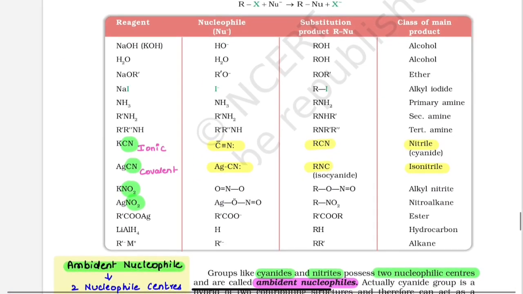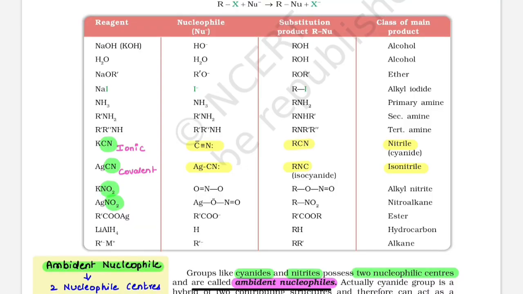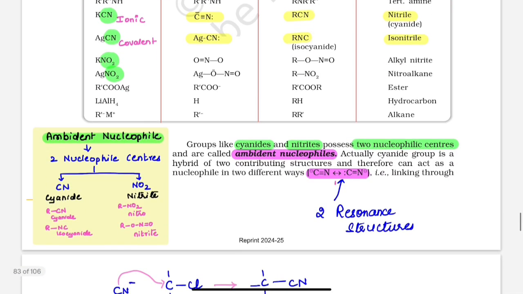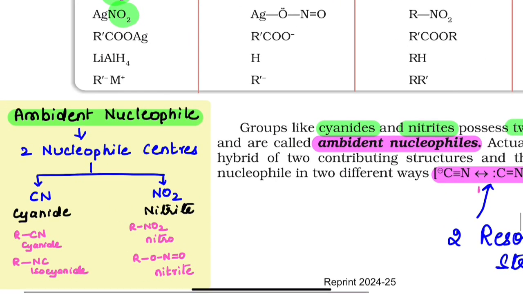Next, this table is very important. Here what you have to mainly focus on are these reagents: KCN, AgCN, KNO2 and AgNO2. That is potassium cyanide, silver cyanide, potassium nitrite, silver nitrite. All these 4 are called ambident nucleophiles. Ambident nucleophile means they will have 2 nucleophilic centers.